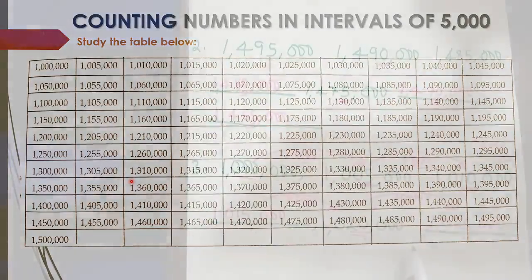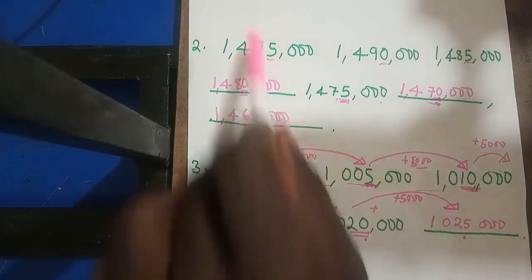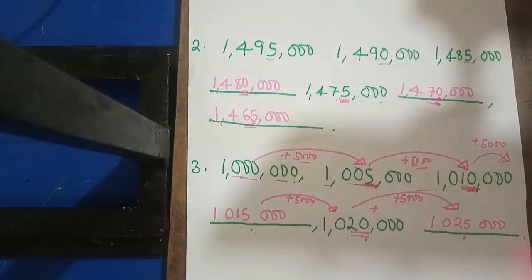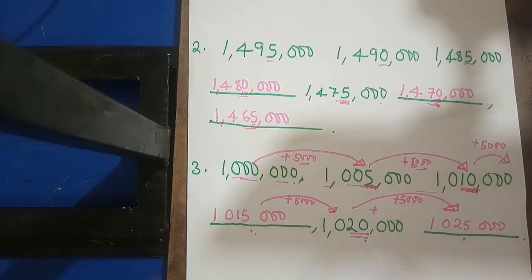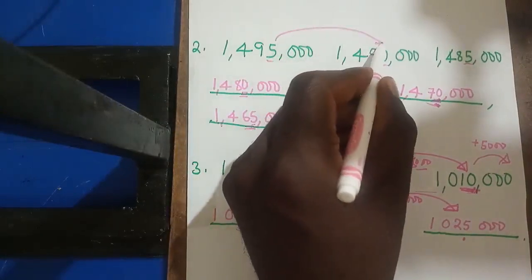So this is how we find the missing numbers in the intervals that we have been given. Here we have been looking at the addition of 5,000, 5,000, 5,000. But in the previous two examples, we have been looking at the reduction. There was a minus of 5,000. For example, in example 2, from 95 to arrive at 90, there was a minus 5,000.